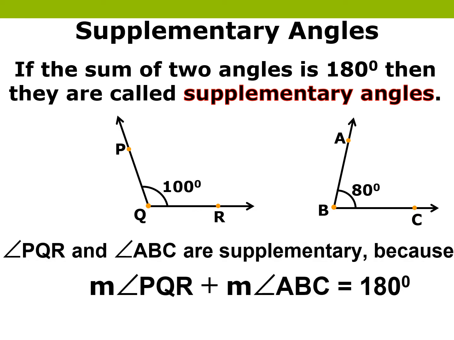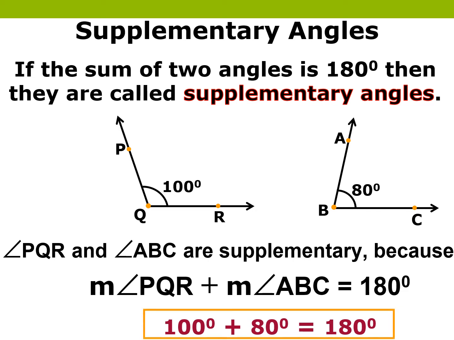Angle PQR and angle ABC are supplementary because the measure of angle PQR plus the measure of angle ABC is equal to 180 degrees. So 100 degrees plus 80 degrees is equal to 180 degrees. Is that clear?